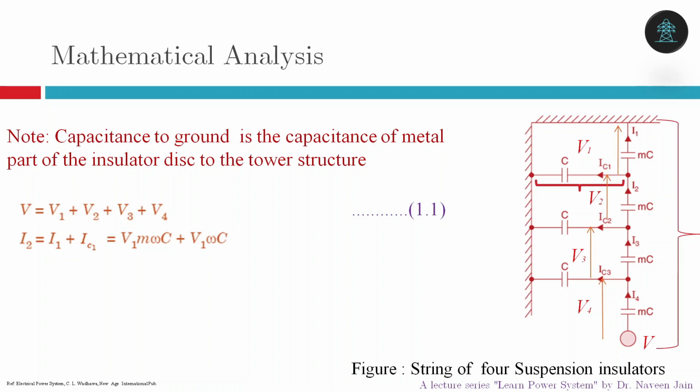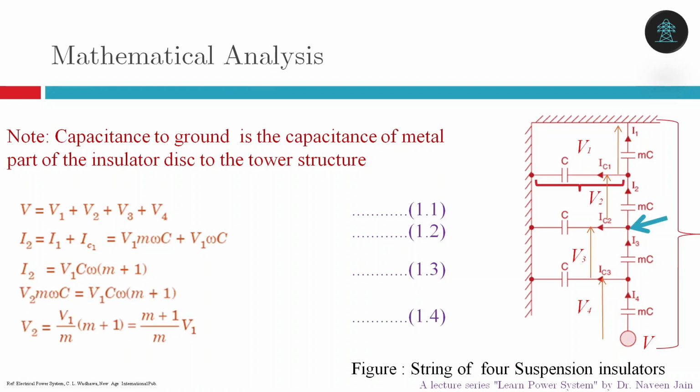Hence, V1 into the admittance of this insulator. The second term is V1 into omega C. Here, V1 is the voltage drop across the capacitance C. As these two branches are in parallel, we now solve the second expression.